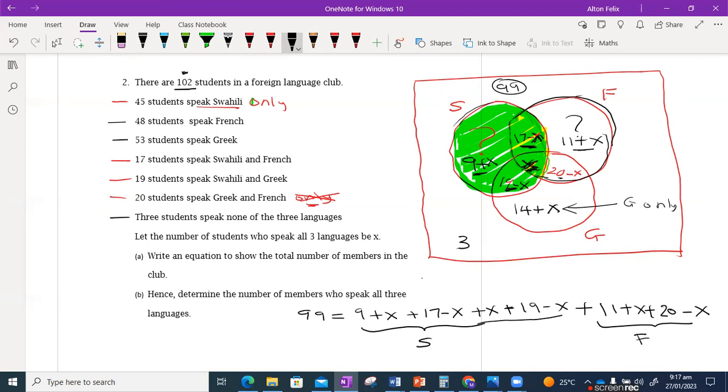And now let's add the information for circle G. We already accounted for the x up here when we were counting S, and the 19 minus x. Also, we accounted for the 20 minus x when we were stating the rest of F. So the only portion we need to add will be the 14 plus x. All those regions will give us a total of 99.